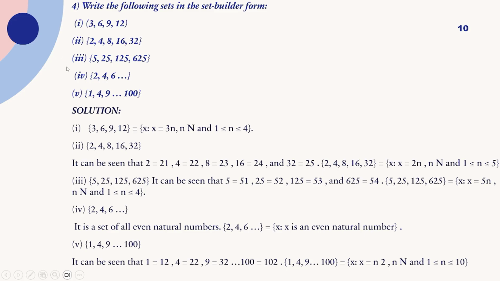Now let's discuss the third question: 5, 25, 125 and 625. It is similar to 2 power 1, 2 power 2, 2 power 3. It is 5 power 1, 5 power 2, 5 power 3, 5 power 4. You have to keep these values in mind.